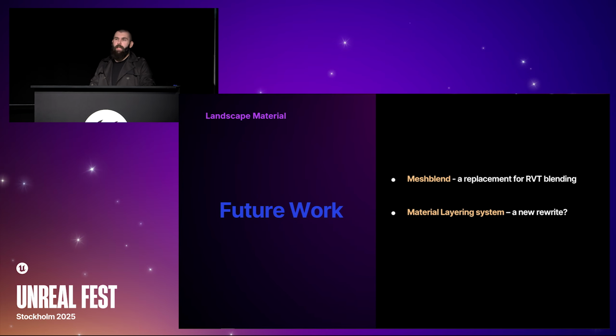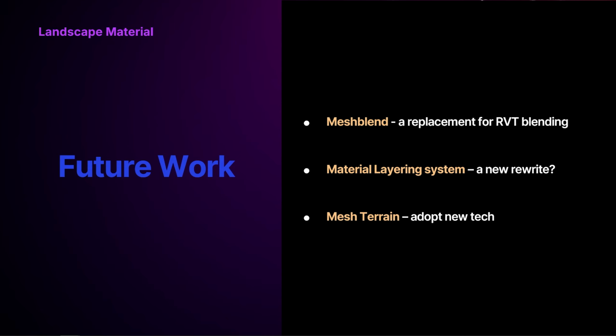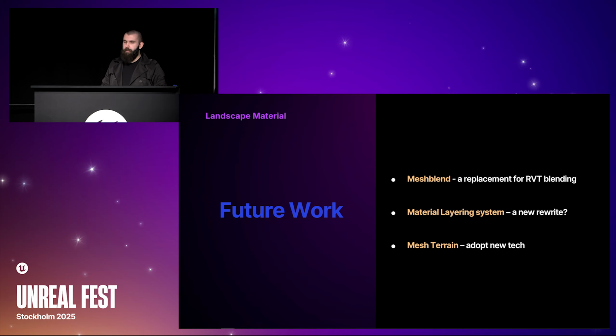Since currently we have 12 hard-coded layers for our landscape. And the last thing that I'm definitely excited about is the mesh terrain, which is still, I guess, in heavy R&D. We heard a little bit about it, but I'm definitely excited to see how that continues to be developed.